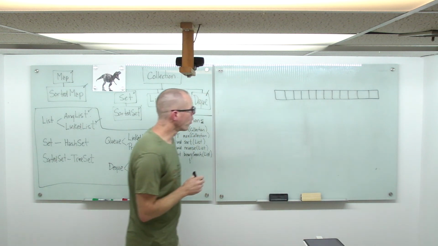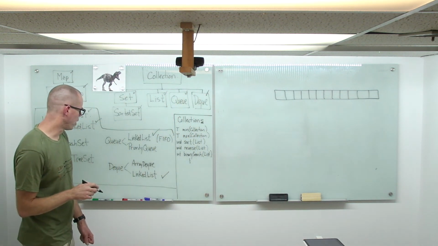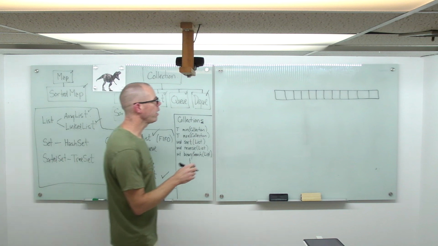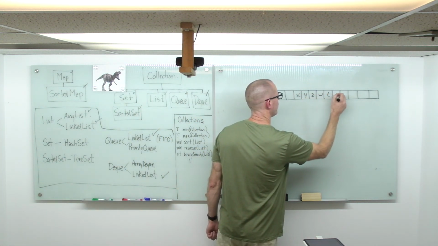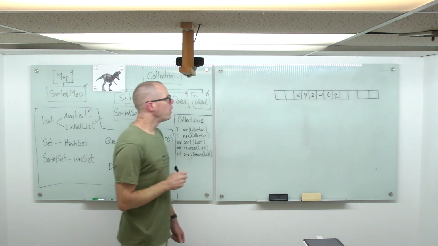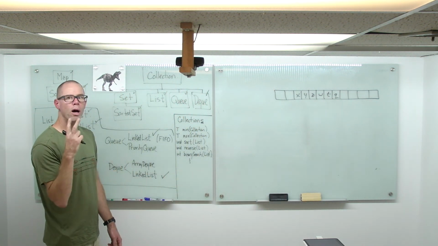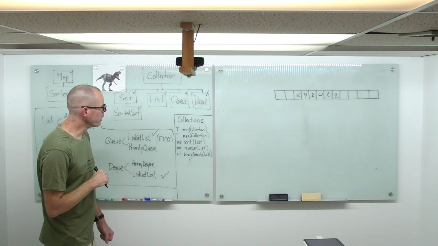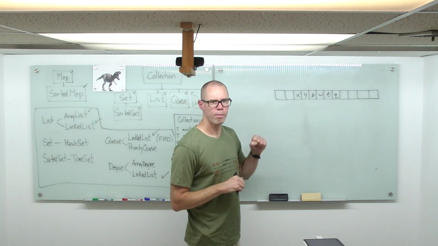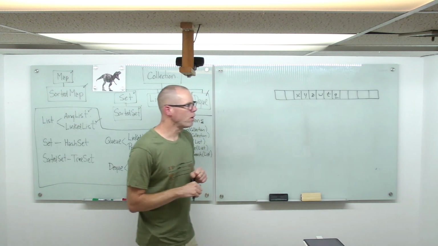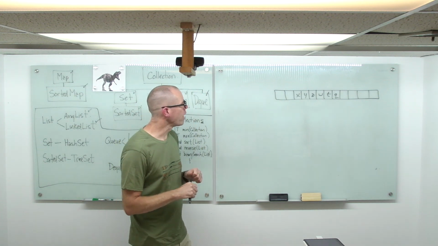You store the elements of your deck in an array. But you remember two other things. Normally in an array list, the stuff you're storing starts at position 0. But there's no reason for that.